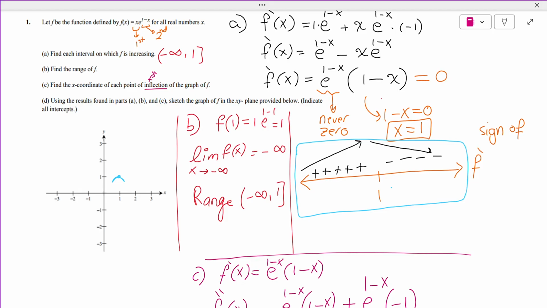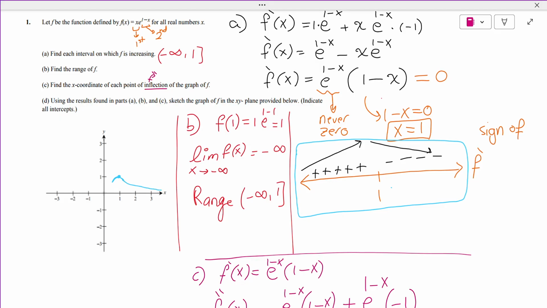Now we know that the function before this point is increasing, and after this point the function is decreasing. The function is decreasing and it is approaching the x-axis.